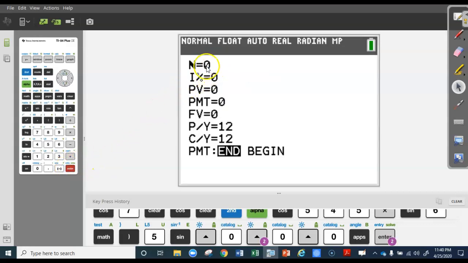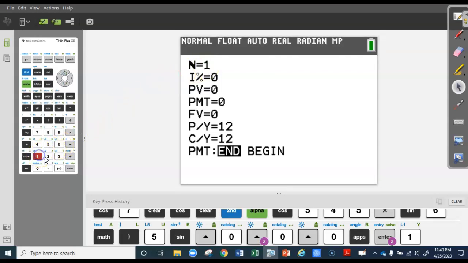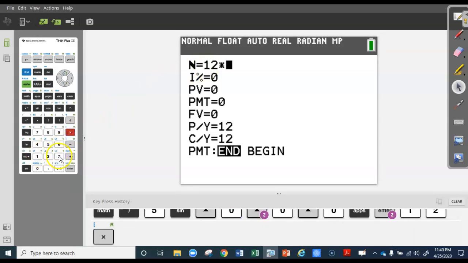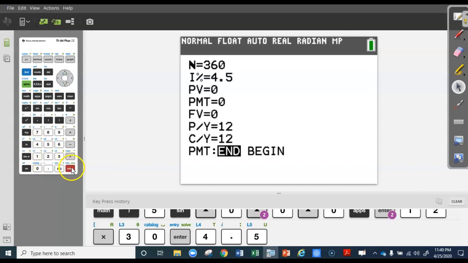And now for N, remember that was 12 times 30. You could actually put in 12 times 30 if you wanted, and it'll calculate it for you, and then you hit enter. The interest rate was 4.5%, and unlike the formula, we don't make it 0.045, we just use 4.5. The present value, since it was an investment, remember that was 0.